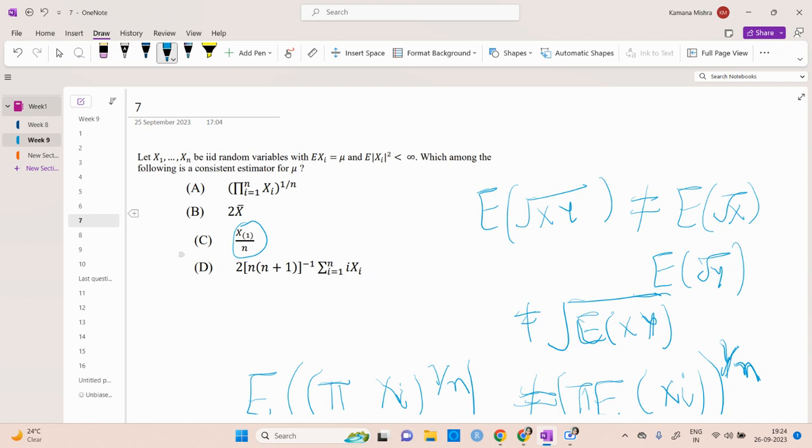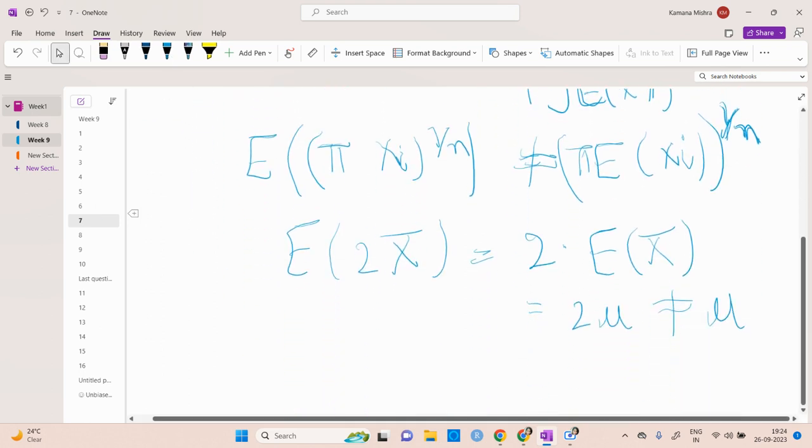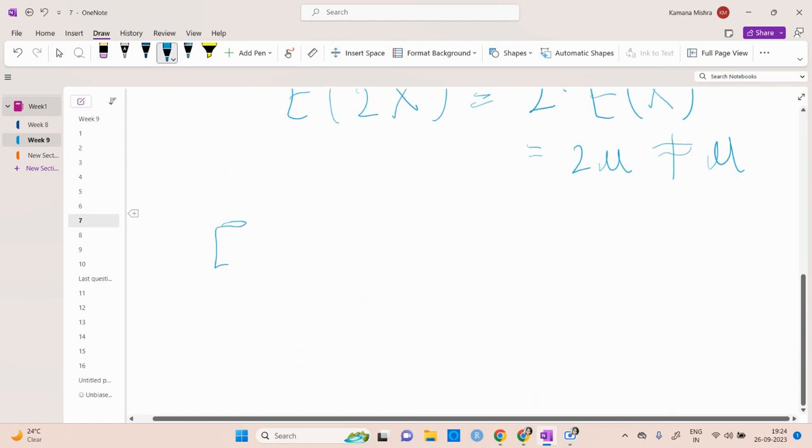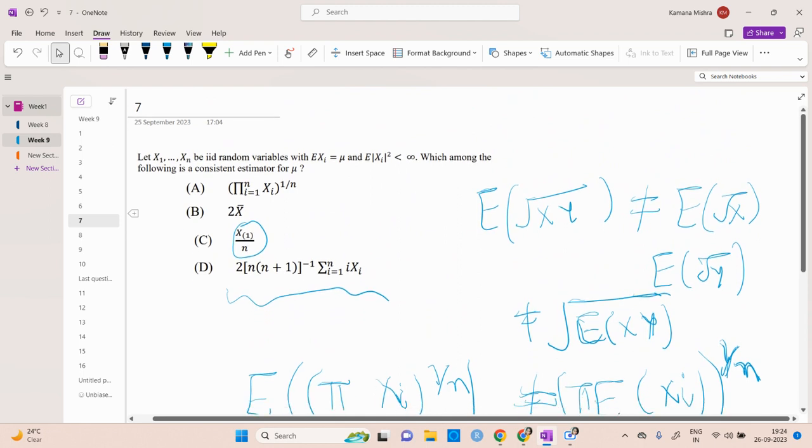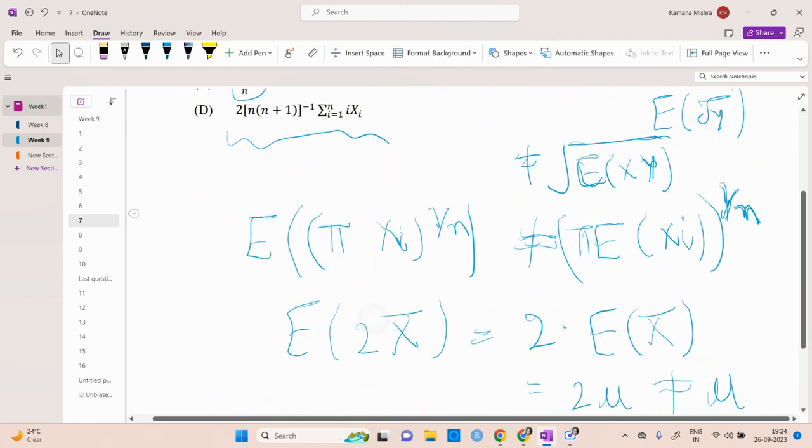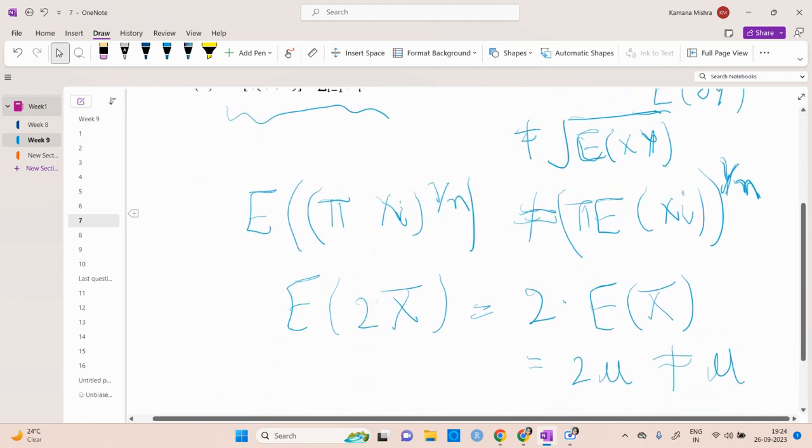And if you just want to see, X1 up to Xn will have some distribution with different parameters. Now the last one we are left with. So expectation of this, given here, is (2n plus 1) to the power minus 1.